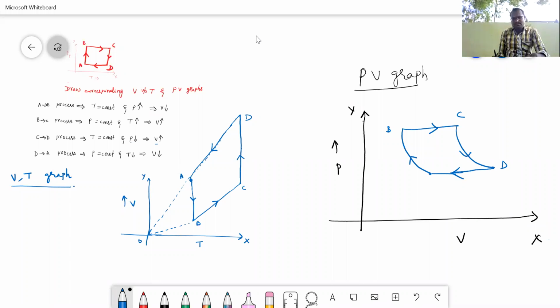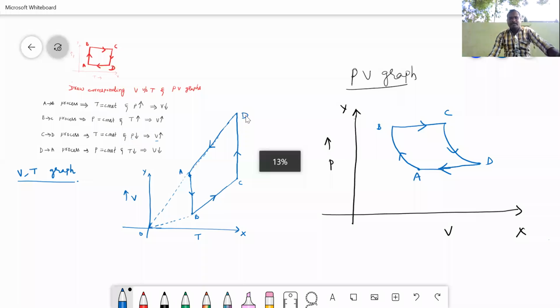This is A. Clear? This is the PV graph for the given question. Any doubt in this? Did you understand, students?